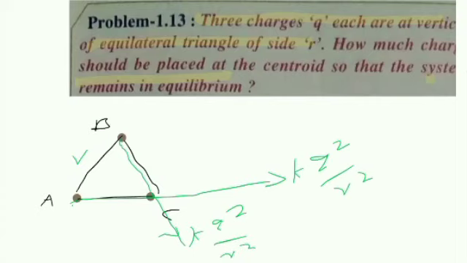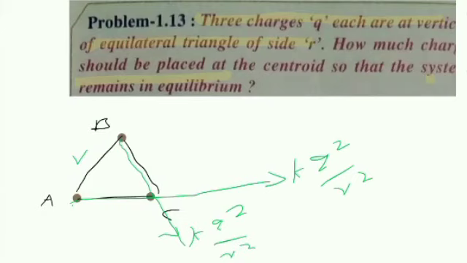Now force is k into q square by r square. Again force between A and C along the AC direction, then force is equal to k q square by r square.